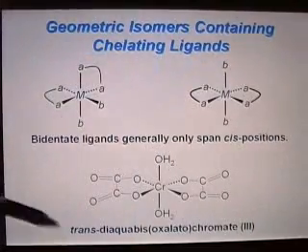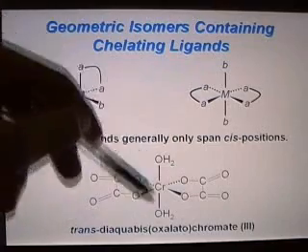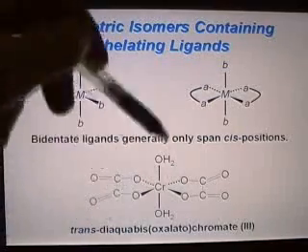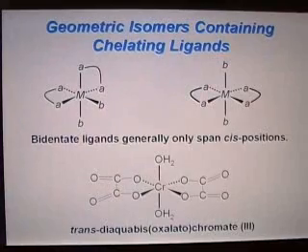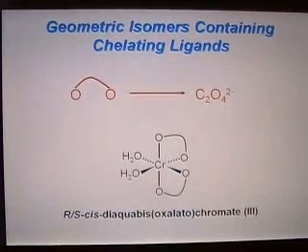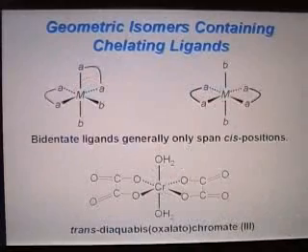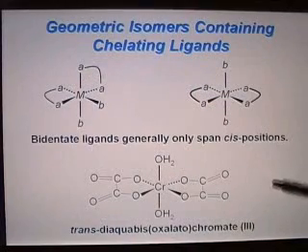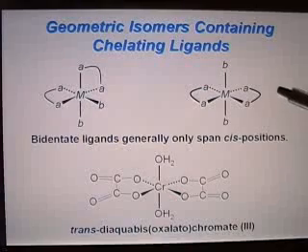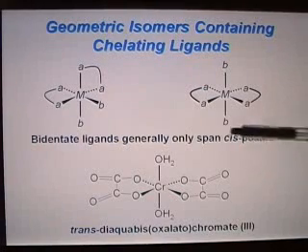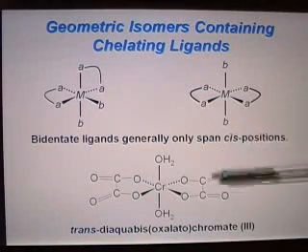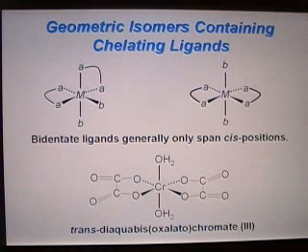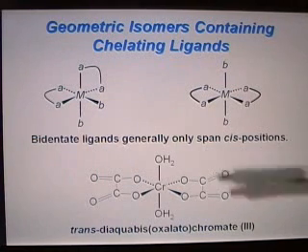That means it's trans. That's why we say that the waters are trans, and that also forces the oxalate ions to be trans. It should be noted, actually, before I move on, that this is not optically active. So if you drew its mirror image, it would look exactly the same as what I'm showing right there.